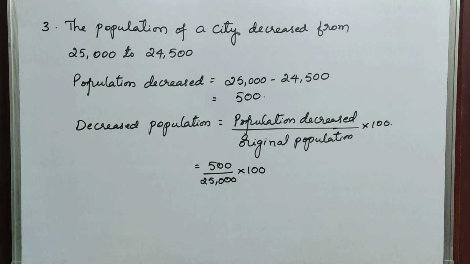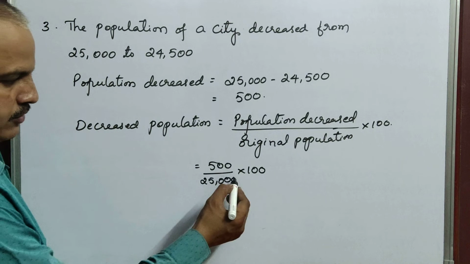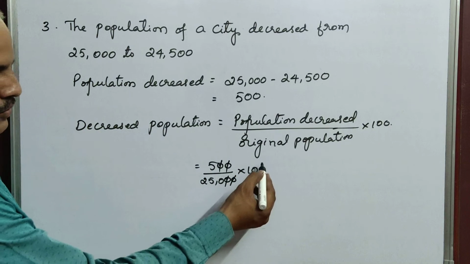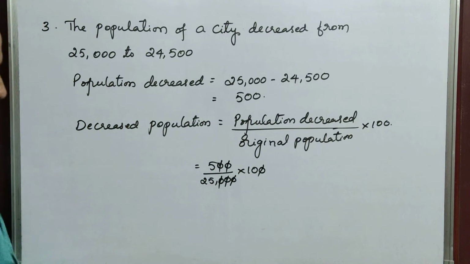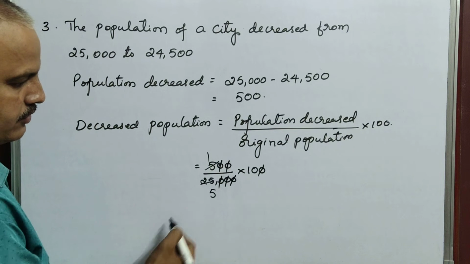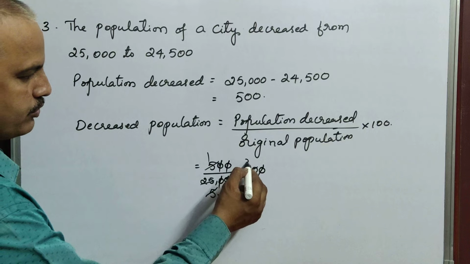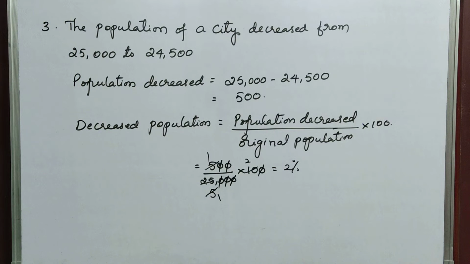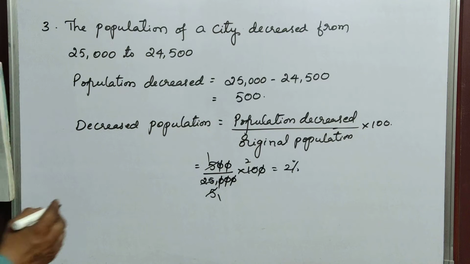The decreased population we will get in percentage now. So the zeros get cancelled, one more zero gets cancelled. 5 ones are 5, 5 fives are 25, so 2%. So how much decreased?